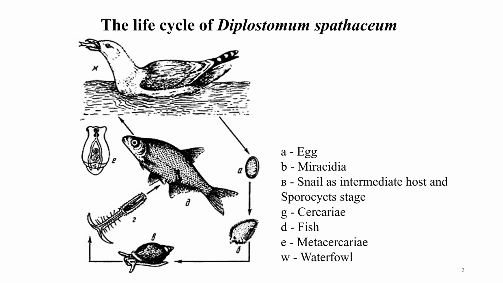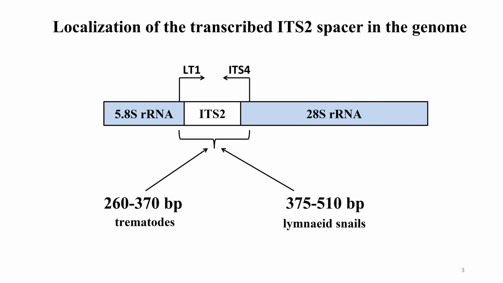Thus, the metamorphosis of miracidium into cercariae in the mollusk, which after maturation leaves the first intermediate host and subsequently infects the second intermediate host, the fish. Infected fish become easy prey for waterfowl, which are the final host for trematodes.